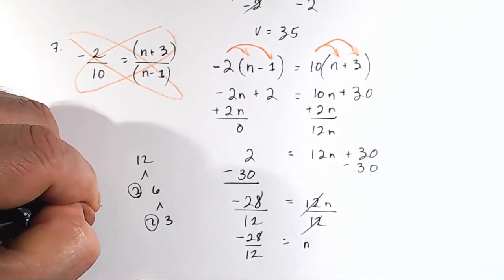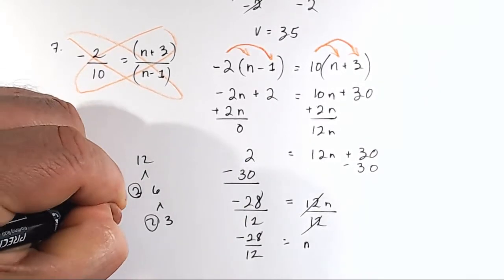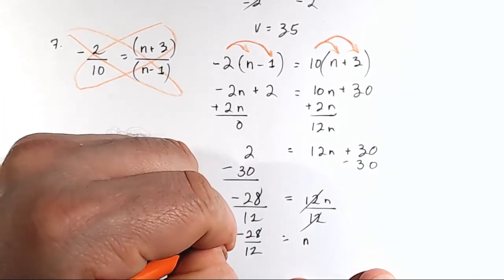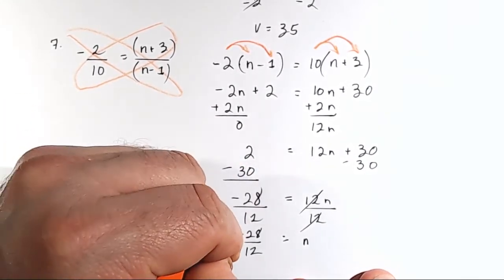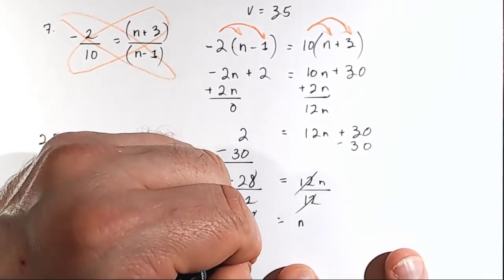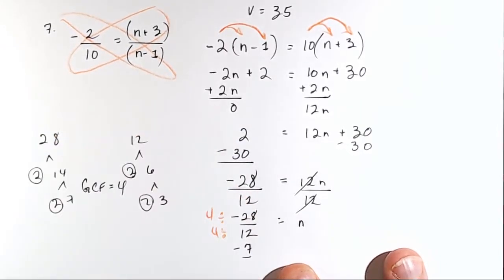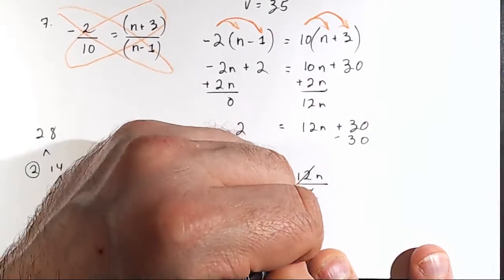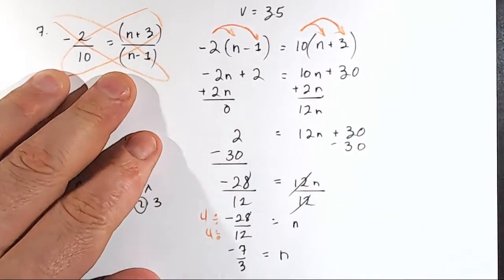That means the GCF equals 4. So we're going to divide out 4 on the top and the bottom. Negative 28 divided by 4 is negative 7. 12 divided by 4 is 3. So n equals negative 7/3, the reduced fraction. Okay, we're on to number 8.